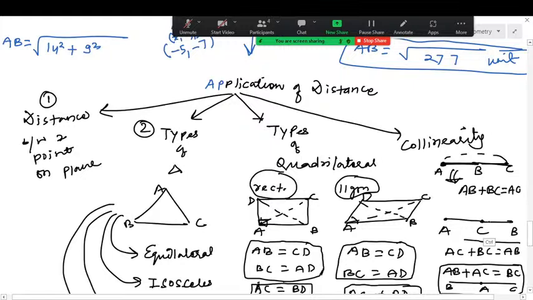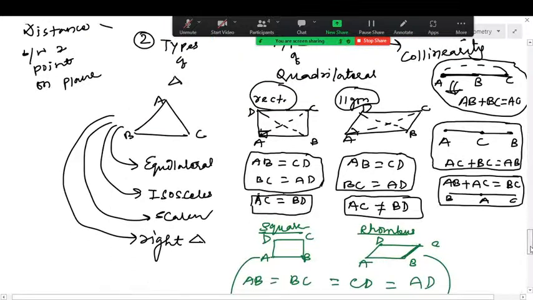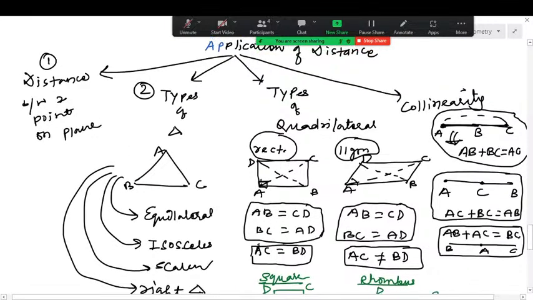That is why first you need to find out all these three distances to decide whether it is collinear or not. And if you don't find any two as the sum of the third one, you will call it non-collinear.